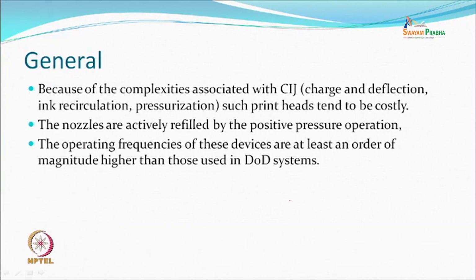Nozzles, or the area around the nozzle, or what we call the reservoir, is a positive pressured operation in this continuous inkjet. Operating frequencies of the devices in this continuous inkjet category generally use higher frequency, at least an order higher than drop on demand, because there the signal and feedback has to be that this signal comes, the drop comes, then you wait, and then another signal comes, wait.